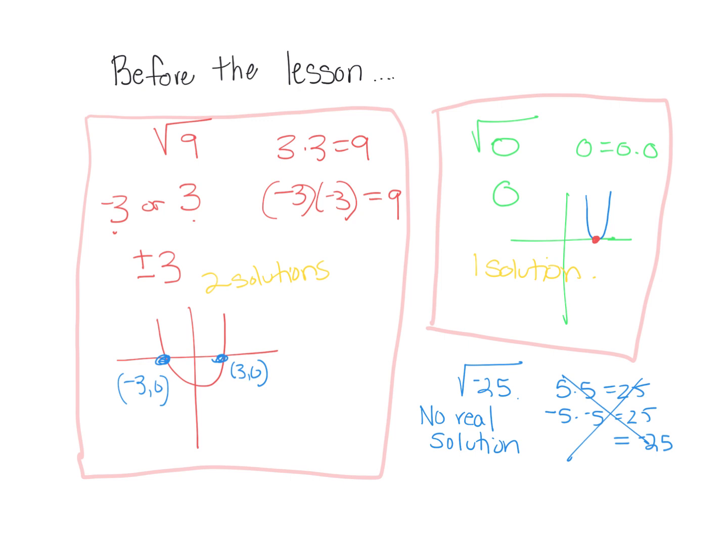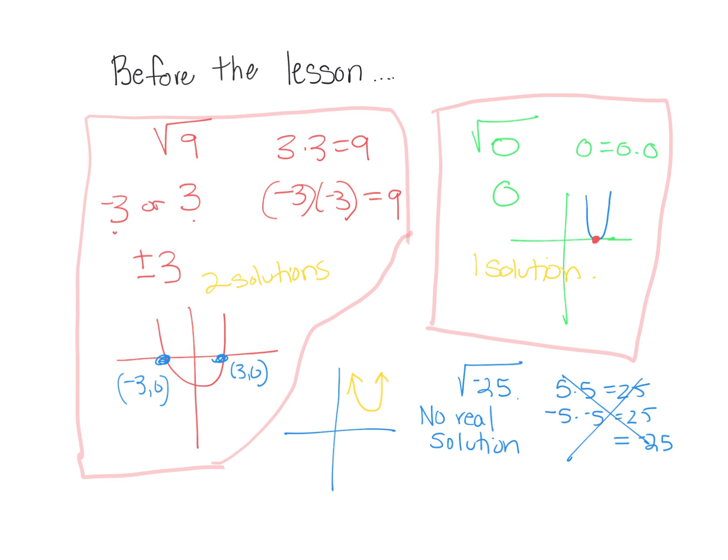Now, what does that look like when we go to look at the graph of this? What that would mean is that our parabola is not going to cross over the x-axis at all.